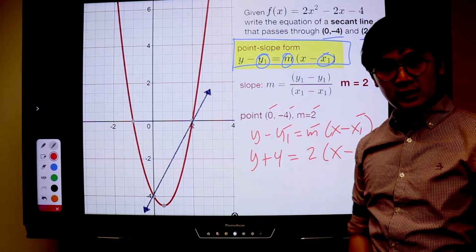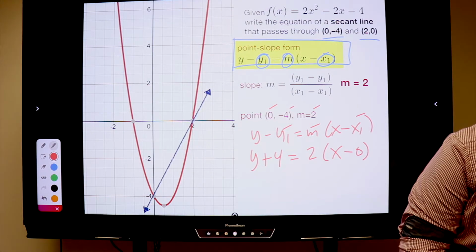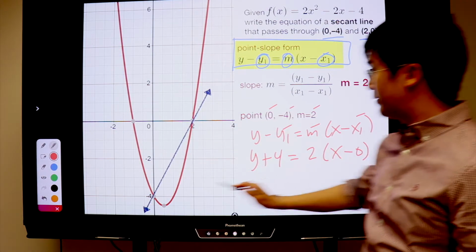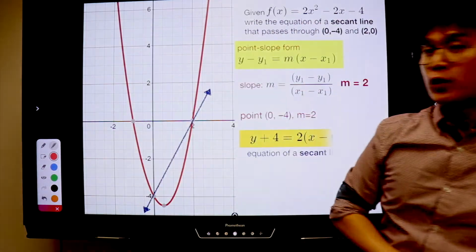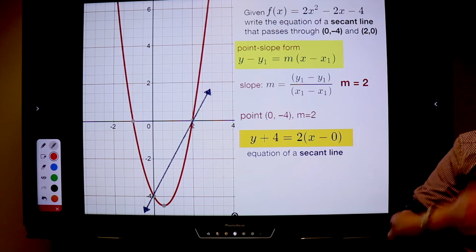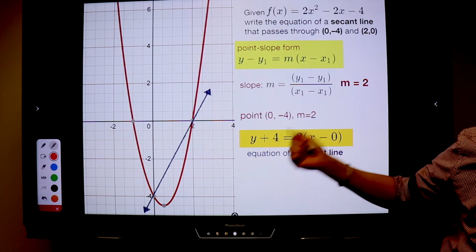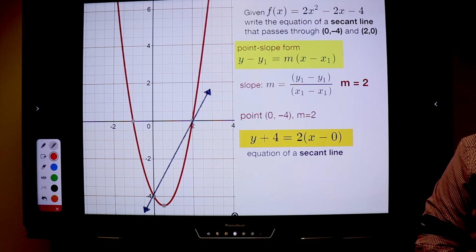And you're finished. That is the equation of the line, using the point slope form of your given problem. Now, can you simplify this further? Of course you can. But for now, let's leave it in point slope form because that is an acceptable equation of a line in calculus.